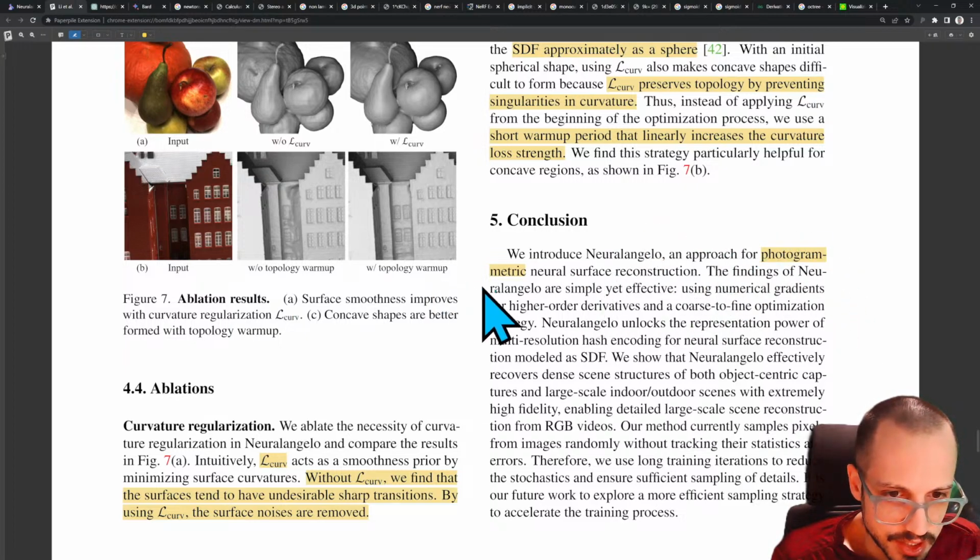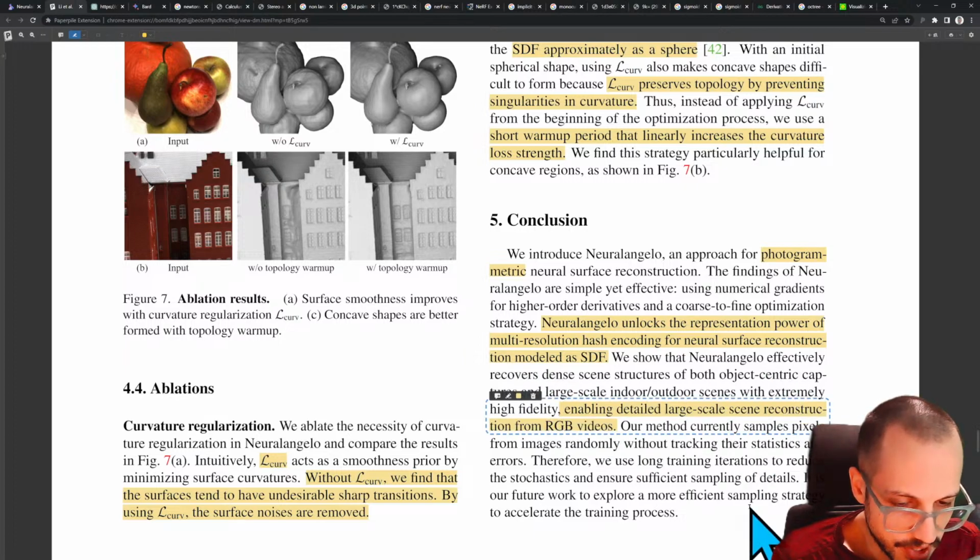The findings of Neuralangelo are simple yet effective, using numerical gradients for higher-order derivatives and a coarse-to-fine optimization strategy. Neuralangelo unlocks the representation power of multi-resolution hash encodings for neural surface reconstruction modeled as SDFs. We show that Neuralangelo effectively recovers dense scene structures of both object-centric and large-scale indoor-outdoor scenes with extremely high fidelity, enabling detailed large-scale scene reconstruction from RGB videos.